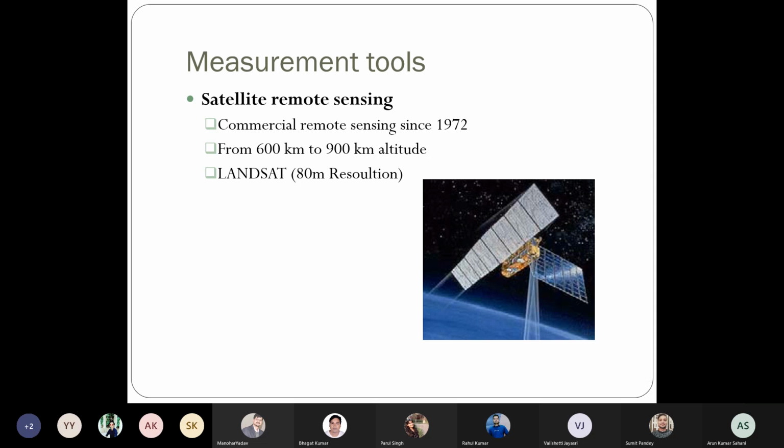The satellites were sent to rotate around the Earth's surface at an altitude of 600 kilometers to 900 kilometers. In the case of the Landsat satellite program, the images collected had a resolution of 80 meters. It's not quite impressive, 80 meter by 80 meter. That is the ground area element size for which a unique pixel value is assigned.